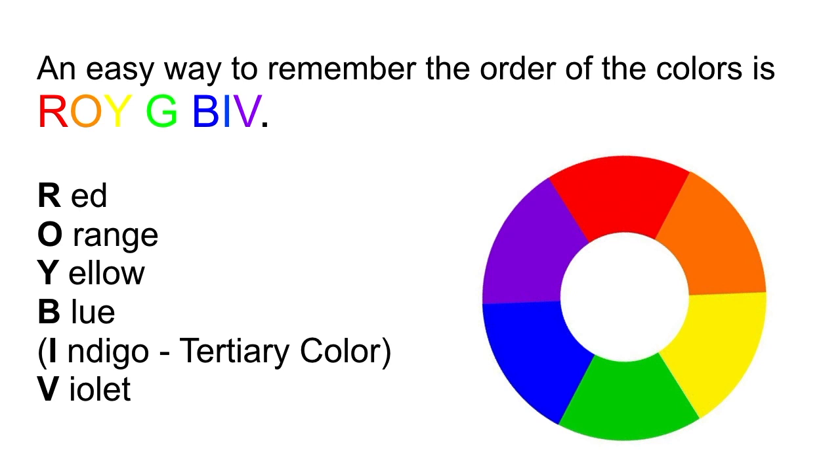I put indigo in parentheses there because it's actually a tertiary color. So it's included in the saying because you can see indigo distinctly when you look at a rainbow in the sky. But for the purposes of color theory, it's not really necessary. So the color wheel that you see on the screen there just has the primary and the secondary colors, and the tertiary colors, like indigo, would come after those.